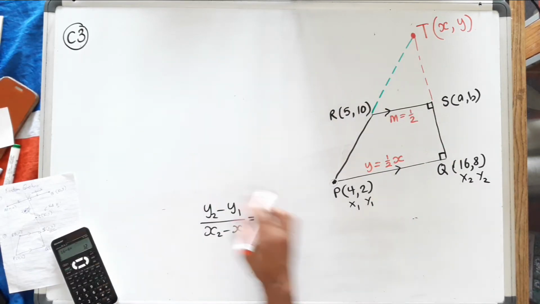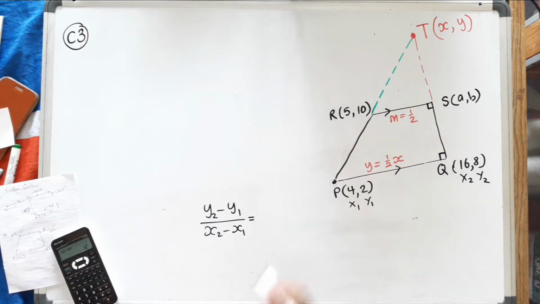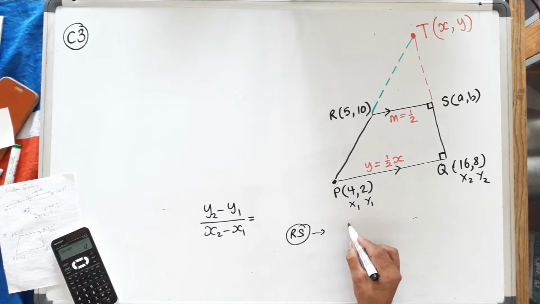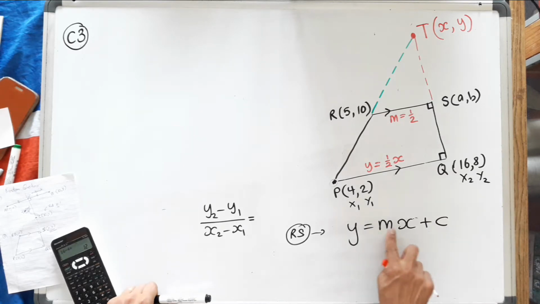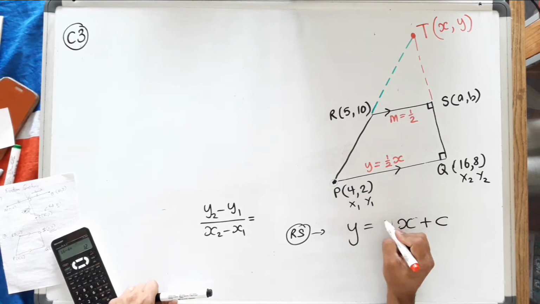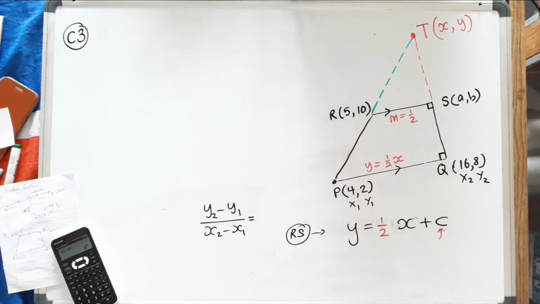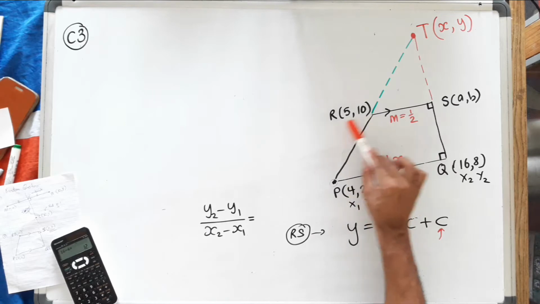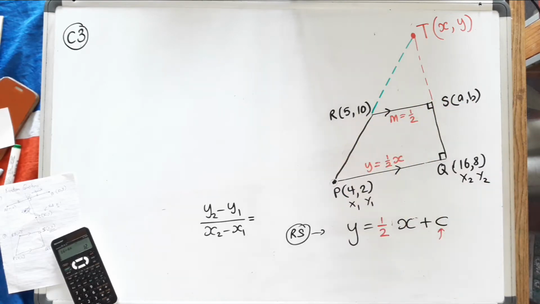So I don't need to work out the gradient of RS. So this is what I know about RS so far. RS is y is equal to mx plus c. I already know that the gradient is a half. Let's find C. To find C of this line, we need to choose a point on this line.